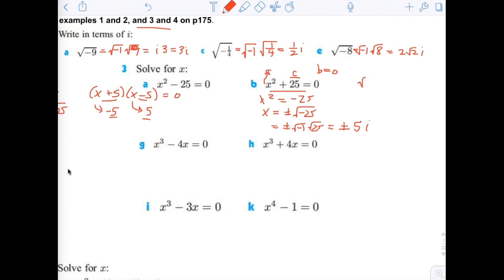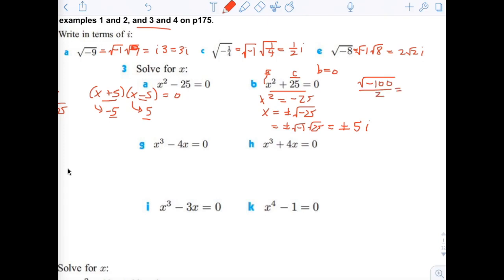So you just end up with the square root of b squared minus 4ac, which is going to be the square root of, not negative 25, I'm sorry, it would be b squared minus 4ac, so minus 100, divided by 2a.